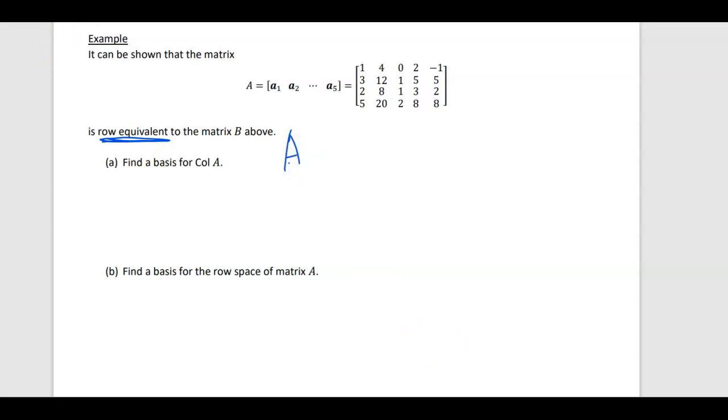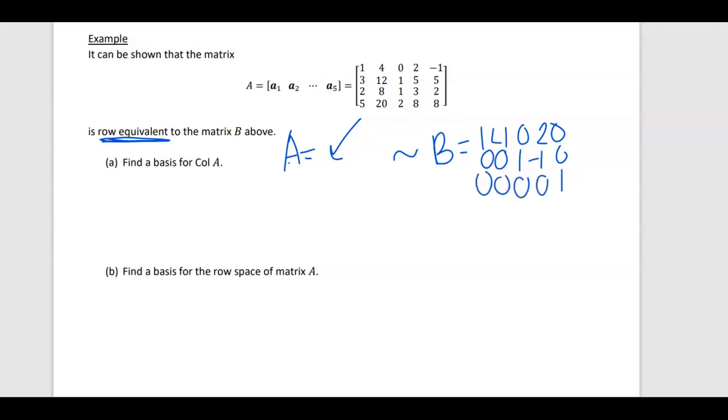We know that A, which is this matrix here, must row reduce to B. And just to remind you, so we don't have to scroll back up, B is 1, 4, 0, 2, 0; 0, 0, 1, negative 1, 0; 0, 0, 0, 0, 1; and then all zeros here.